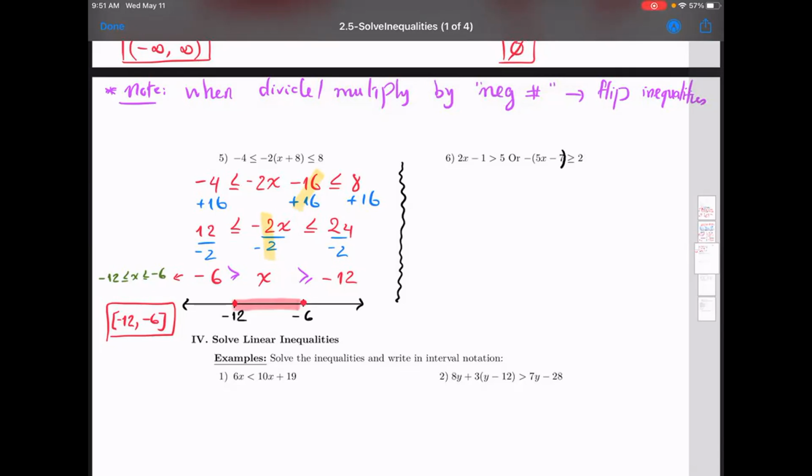Anyone? What do you think, Devin? Let's see. Yeah, I'm gonna wear this stuff in. Very good. How about you solve separately first? Separately.